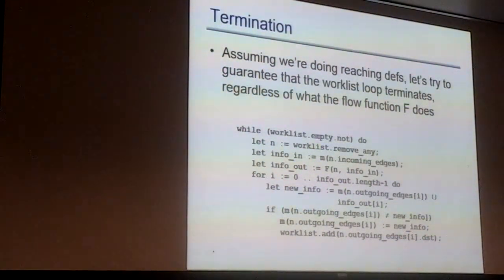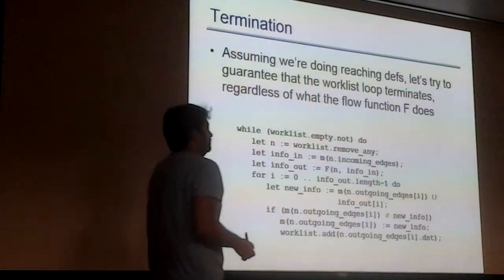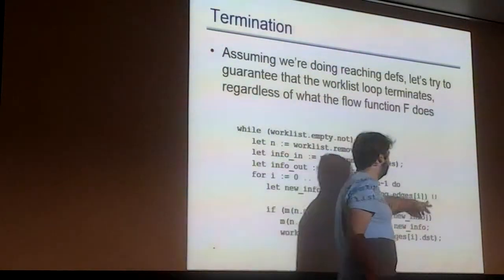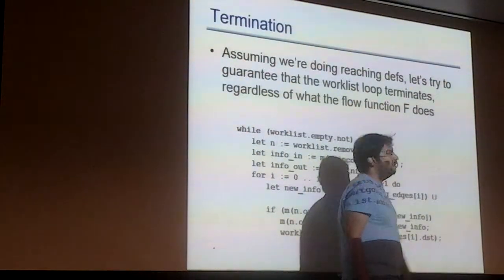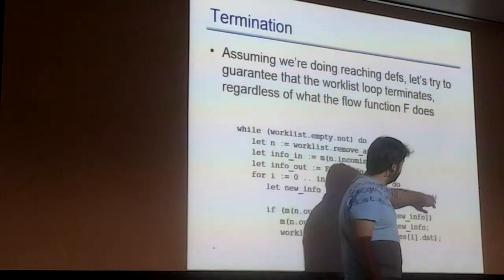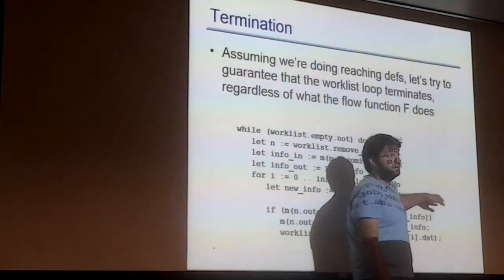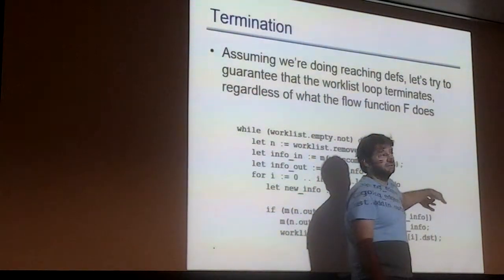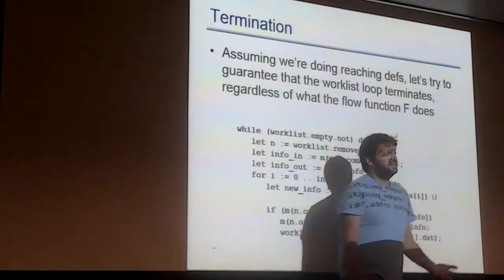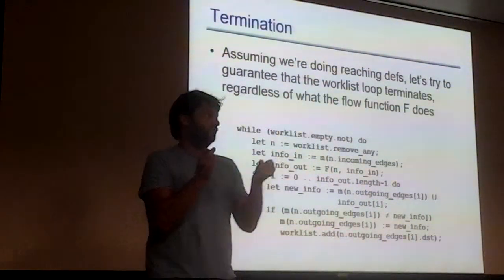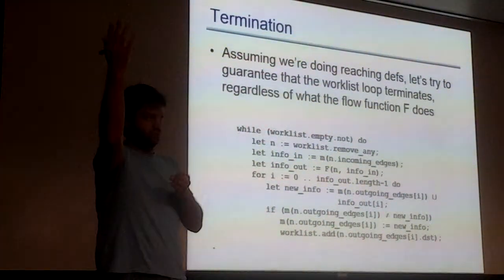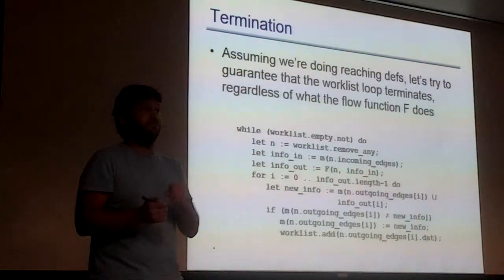Fine, but one of the things that you'll notice here is that this union is pretty nasty. Well, it's not totally nasty, but this union is very specific to reaching definitions. In reaching definitions, we compute a set of bindings of variables to the places where they were defined at each edge in the program point.